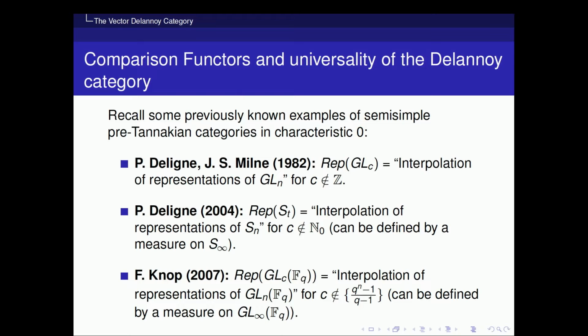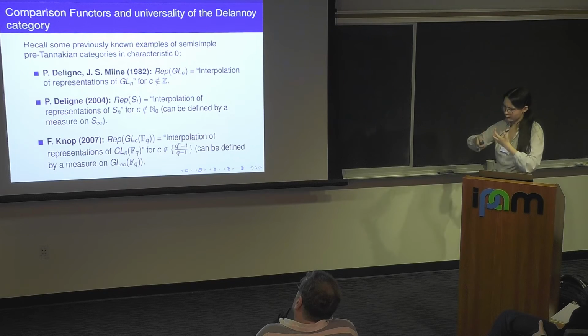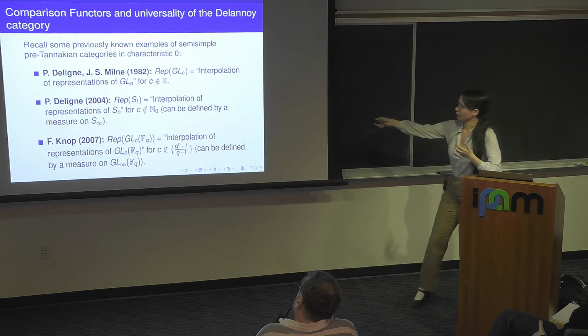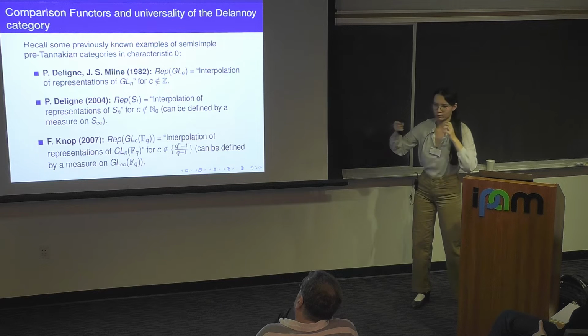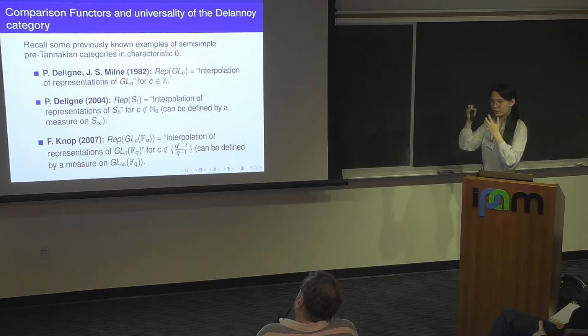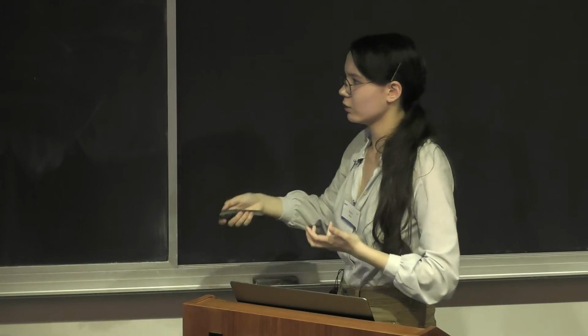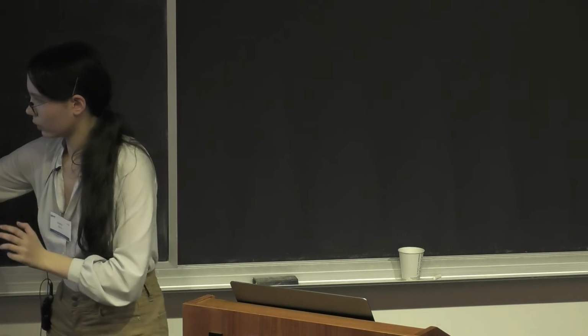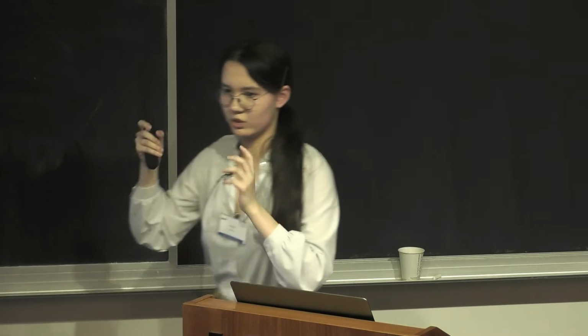And these, like I think were previously mentioned, are semi-simple for C away from these Q-integers, (Q^n - 1)/(Q - 1). Going to Q greater than 1 improves the growth a little bit. Whereas the first two have growth similar to e to the c times n times the logarithm of n, Knop's category will have growth e to the c times n squared.